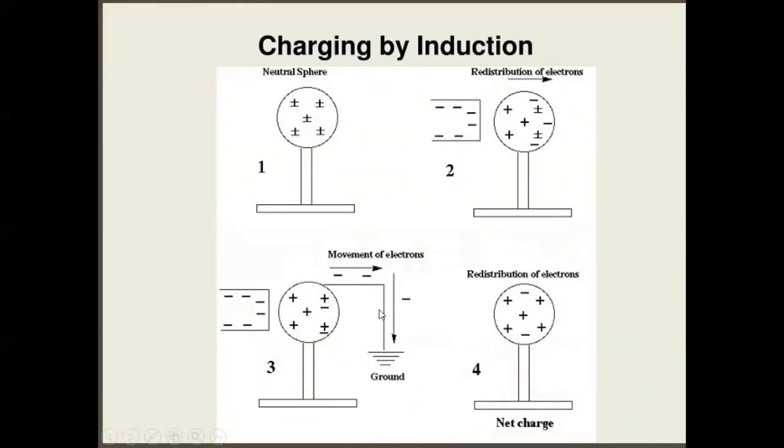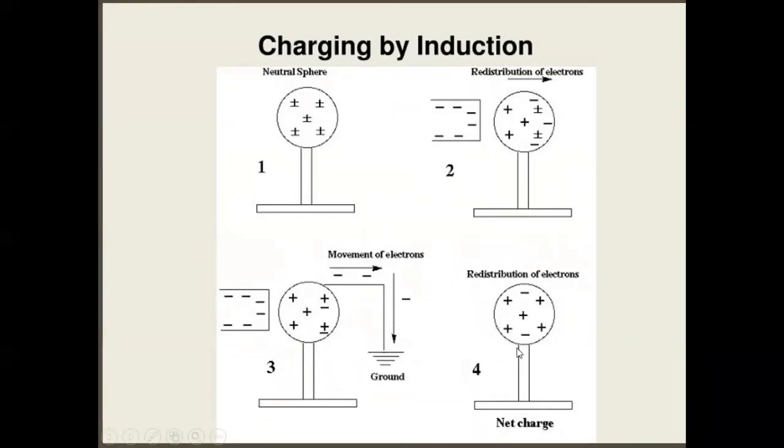So basically, earth is the biggest conductor, and earth can either give electrons or receive electrons. In the last diagram, we have more positive charges and fewer negative charges. We are also drawing two negative charges because some of the electrons might be left, and we are having fewer negative charges. This will still mean that this sphere is now positively charged.